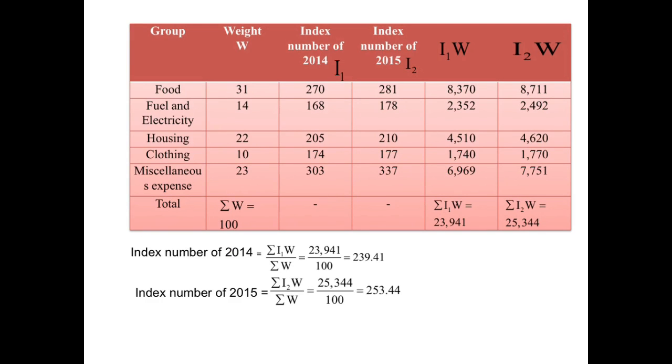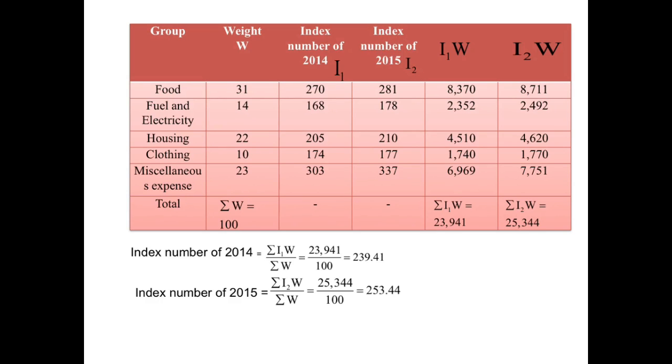First we write group of items, then we write W. Index number for 2014 we term as I1 and index number of 2015 we term as I2. We put the figures in the column which are given in the example, and then we multiply I1W and I2W, and then try to find the index number of 2014 as well as 2015.